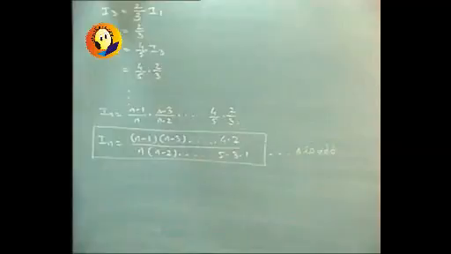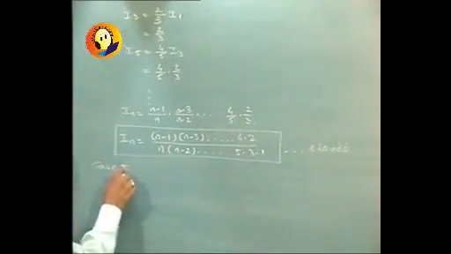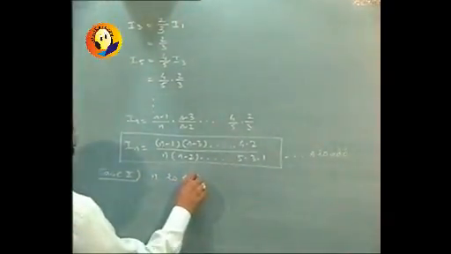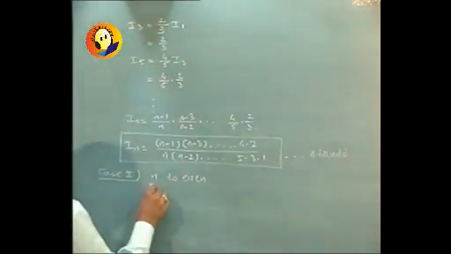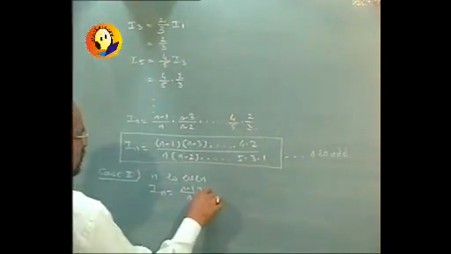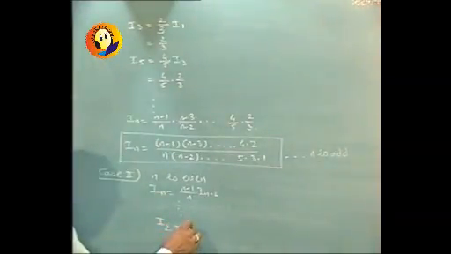And for n even, that is case 2. When n is even, we will again proceed in the same manner. In will be n minus 1 upon n I(n-2), etc. We will come to saying that I2 will be equal to 1 upon 2 I0.